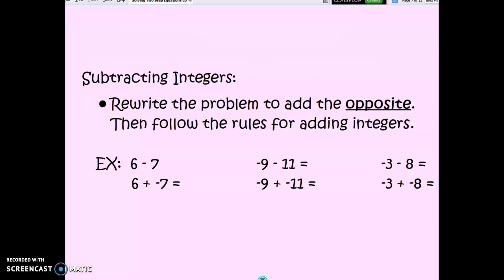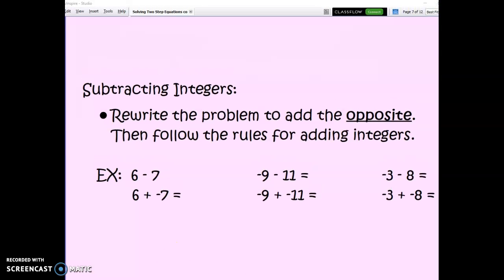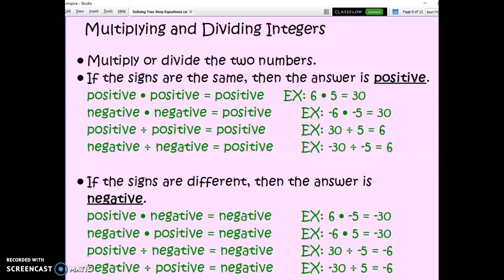Okay, so just remember we always change it to adding the opposite of whatever sign we have. Alright, here are our integer rules for multiplying and dividing.